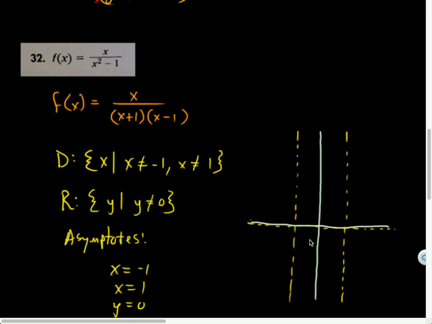And oftentimes what we'll do is make a table of values so you could plug in your numbers and figure it all out. Sometimes you can do it through a little bit of sign analysis. In this case, because it happens to have a horizontal asymptote at 0, I could consider large values of x in both negative and positive directions and try to figure out, is it going to be above or below.